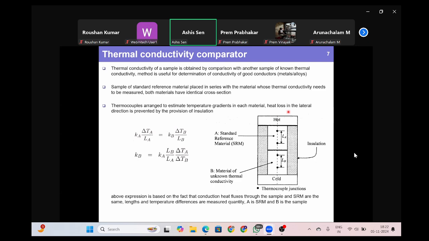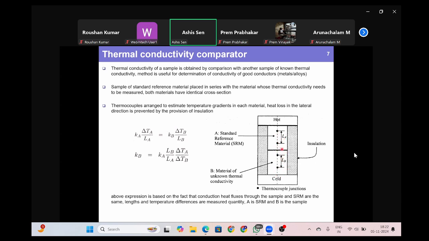So you take temperature measurements at 4 different locations, 2 locations inside the standard reference material. You basically drill holes at these 2 locations, and you know precisely the distance between the thermocouple junctions, that is LA.